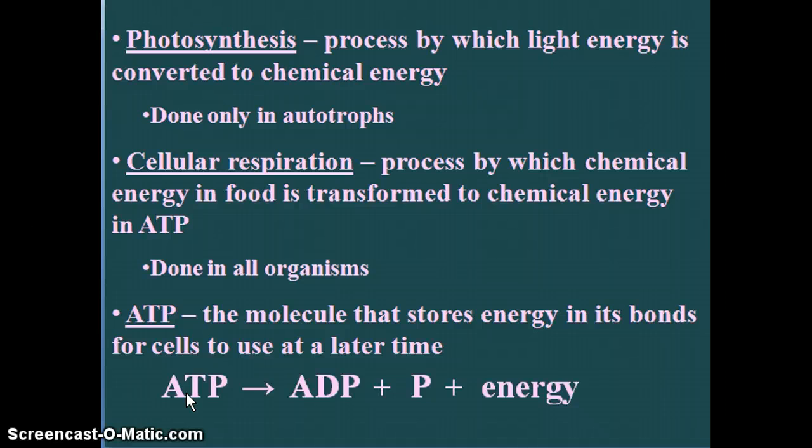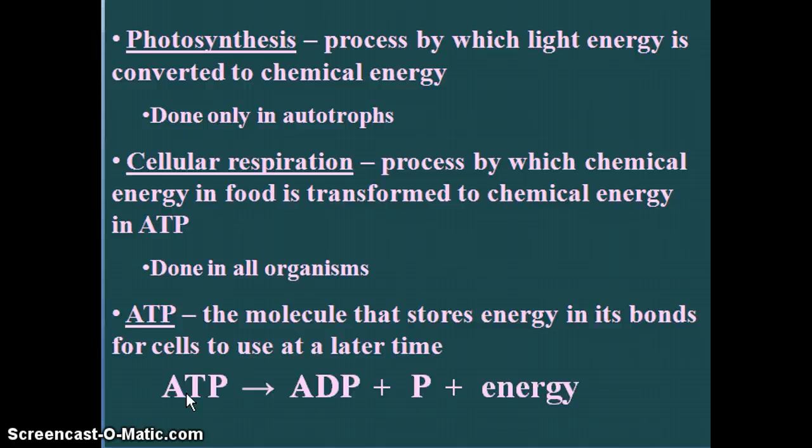In other words, you eat food to get energy. This is done in all organisms, both plants and animals. ATP, adenosine triphosphate, is the molecule that stores energy in its bonds for cells to use at a later time.